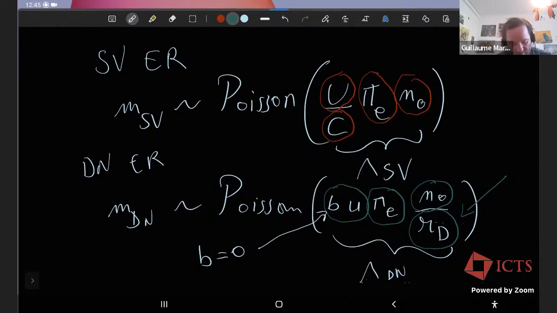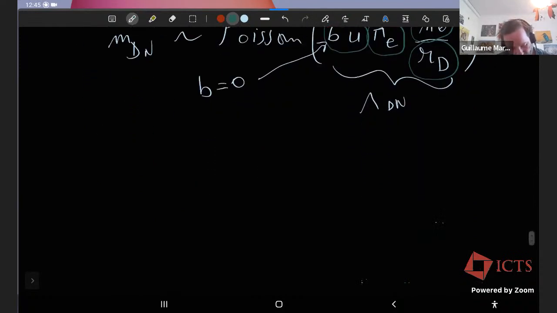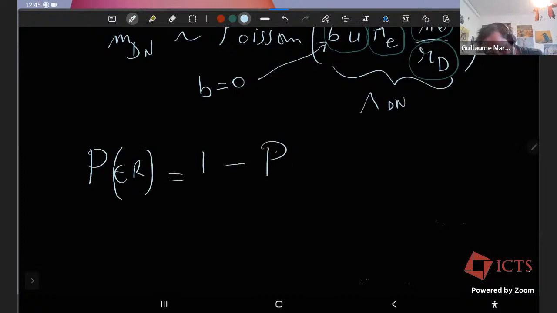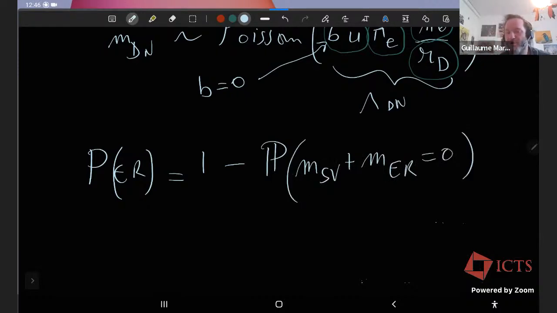The other thing we have from that, of course, is the total probability of rescue, the probability of rescue overall from the two processes. It's going to be 1 minus the probability that MSV plus MDN equals 0, because you have no lineage able to rescue from the standing variance and no lineage able to rescue de novo.